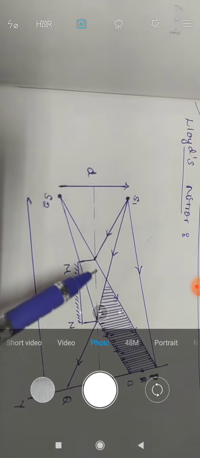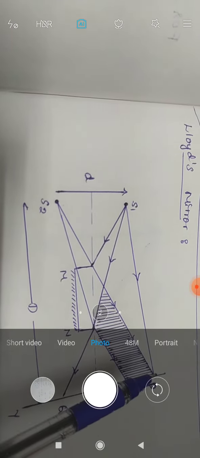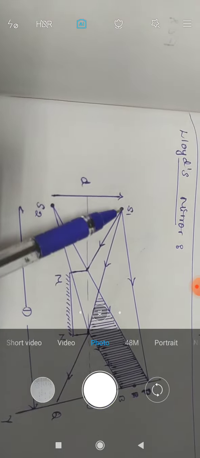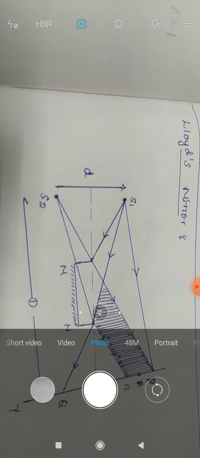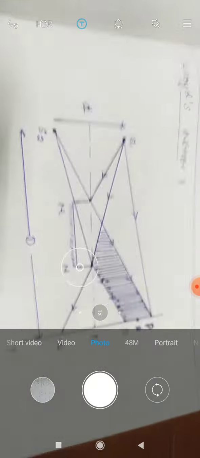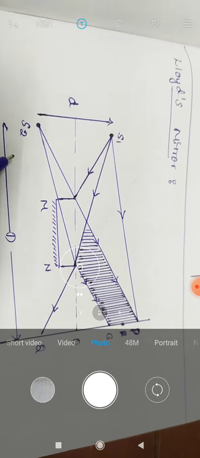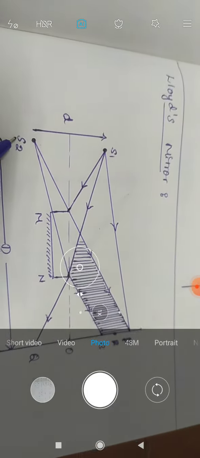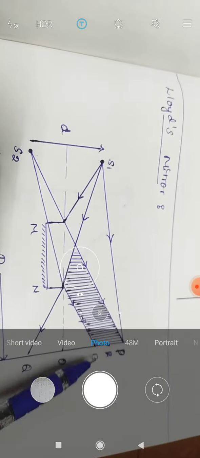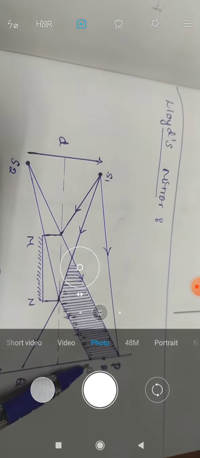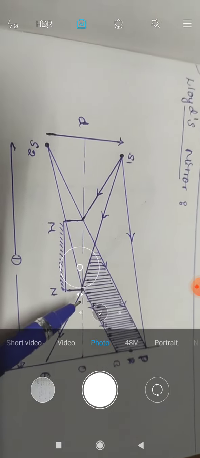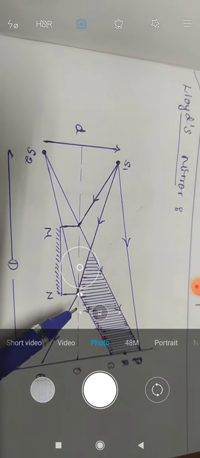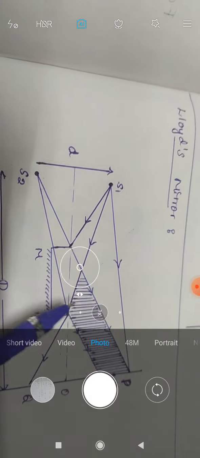In the direct case, the cone of light PS1Q and the reflected cone of light, PS2B, are superimposed over each other and produce interference fringes in the overlapping region PB.